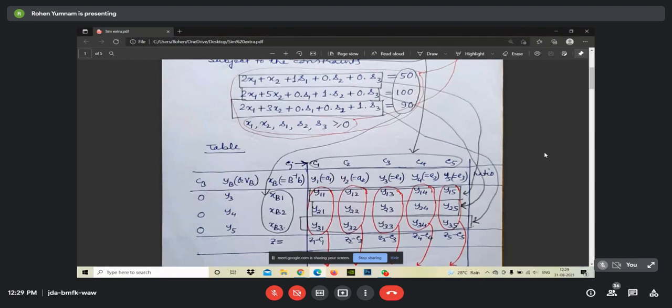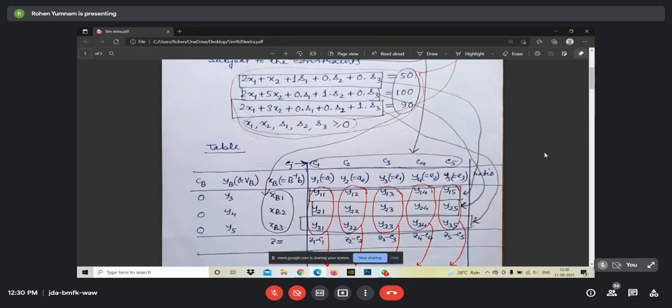And then for CB, where this CB comes from is not mentioned here, but it will be Y3, Y4, Y5. What is Y3? Y3 is this. What is Y4? Y4 is this. What is Y5? Y5 is this. Even though they are Y3, Y4, Y5, these will definitely be E1, E2, E3.